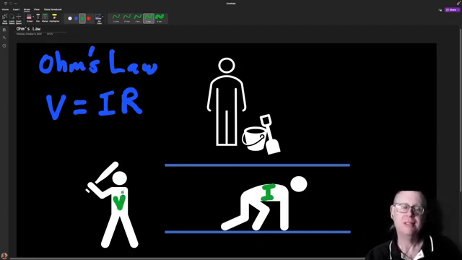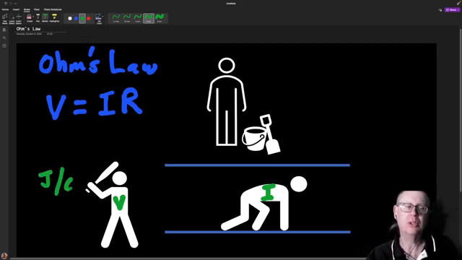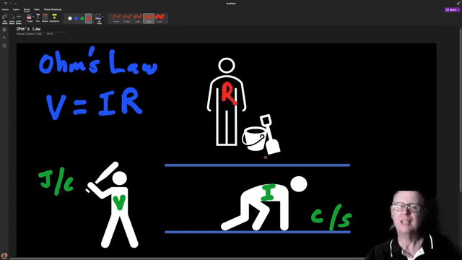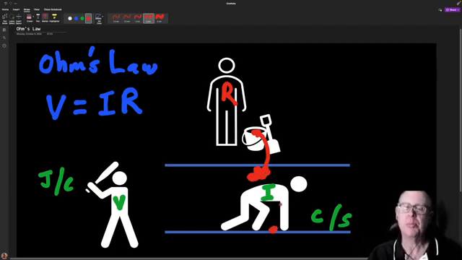So he's got the energy, he's got the joules per coulomb, the current has the coulombs per second, and then the resistance here is taking from the bucket and filling in the pipe to stop, or at least impede, the current flowing through the pipe.